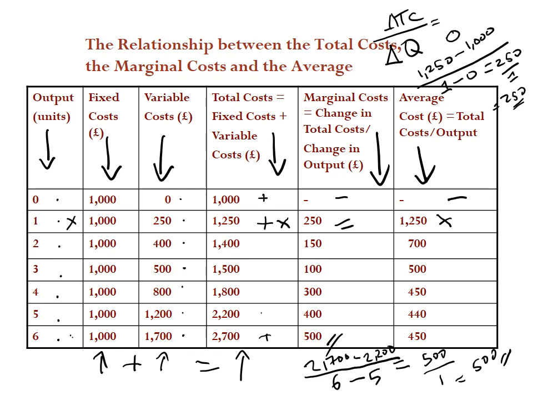If we go on the last row, our total cost in this instance is 2,700, divided by our output, which is 6, and that will give us 450 over here. So that's how you calculate your costs: your total cost, your marginal cost, and your average cost. Very simple, okay? But you have to practice.